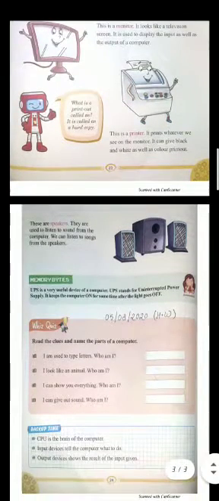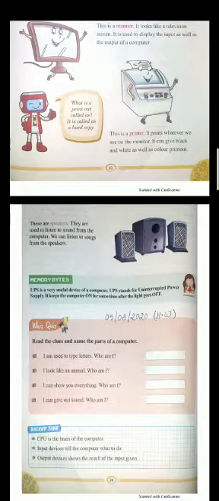Next, memory byte. In the memory byte, it is given that UPS is a very useful device of a computer. UPS stands for uninterrupted power supply. It keeps the computer on for some time after the light goes off.